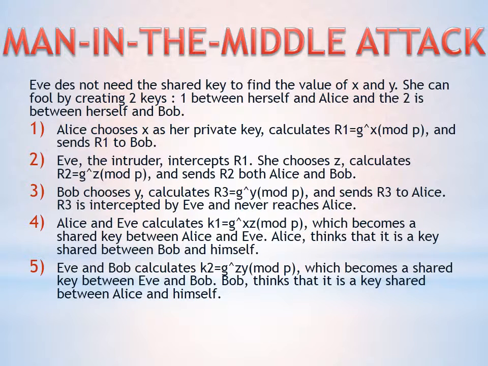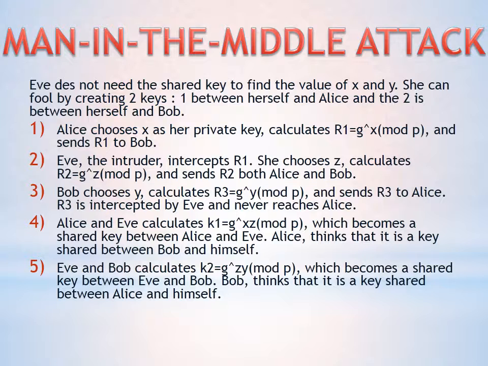In this slide we will discuss the man-in-the-middle attack. For this attack, the third party, Eve, does not need to know the shared key to find the value of the private keys of the two parties. Here we are assuming that the two parties are Elias and Bob, and the intruder, who intercepts the messages and fools the two parties, is Eve, who is between Elias and Bob.